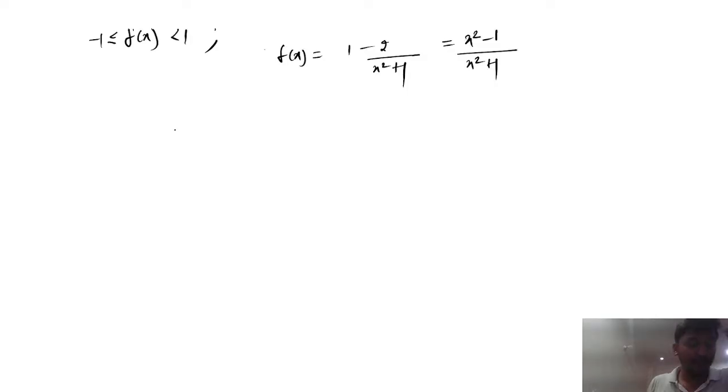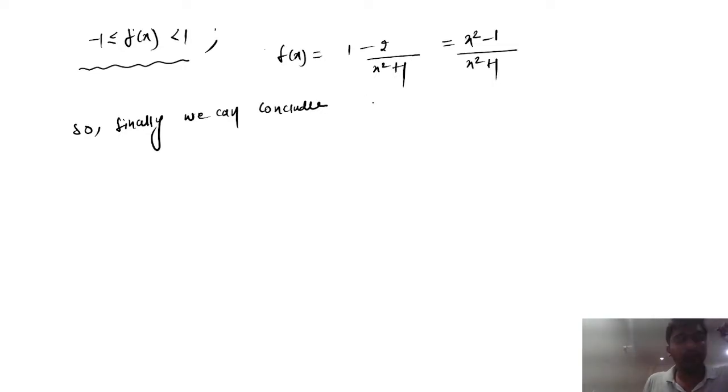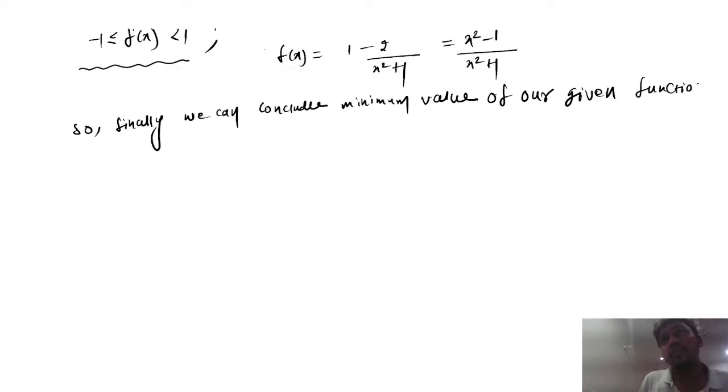Okay. So finally, what do we conclude? We can conclude that the minimum value of our given function f of x equal to x square minus 1 upon x square plus 1 is minus 1.